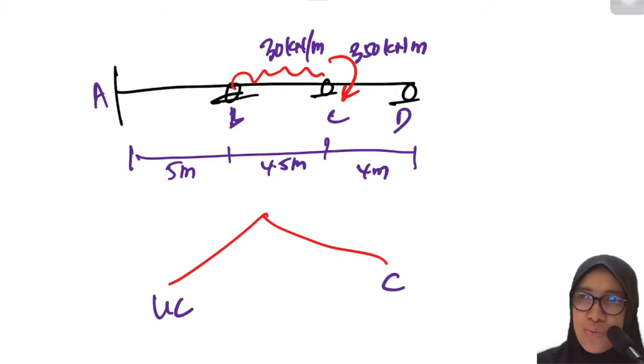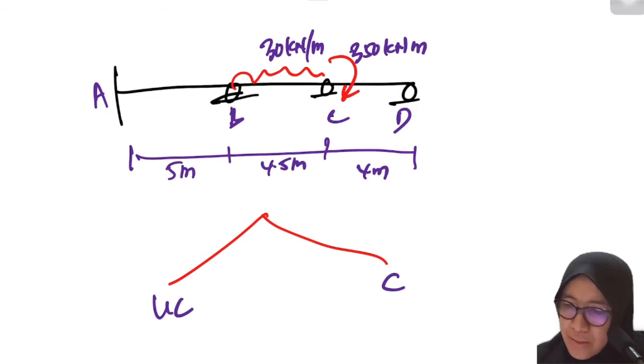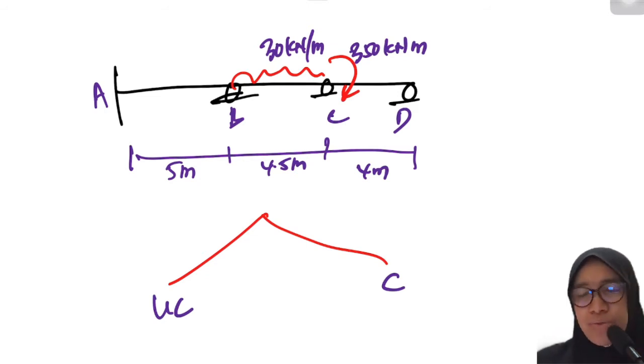For those who are new to this, I want to explain again: what is the meaning of degree of freedom? Degree of freedom is actually a displacement component. At each node in a beam there are 2 degrees of freedom.